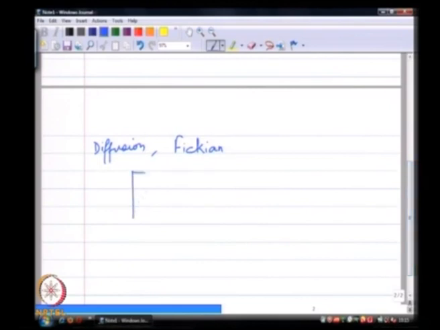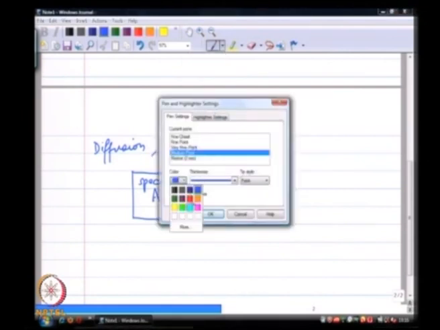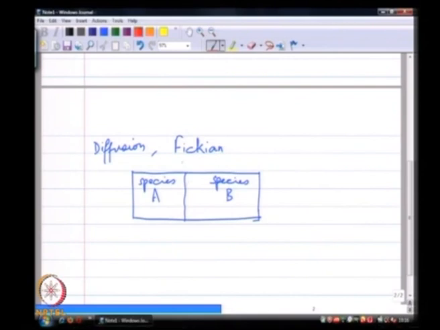To understand Fickian diffusion, I am going to take a little one dimensional simplified model where let us say I have some species A and species B, two species separated by a little membrane, and at some time t equal to 0, this membrane is removed. So, what you have happening is essentially the species A diffuses that way and the species B diffuses the other way.